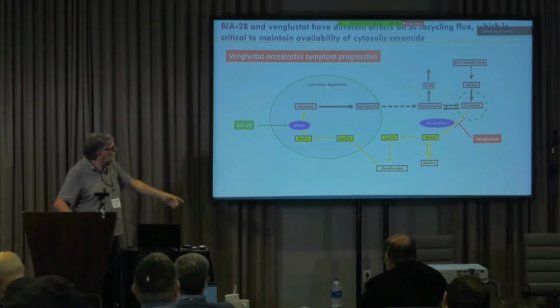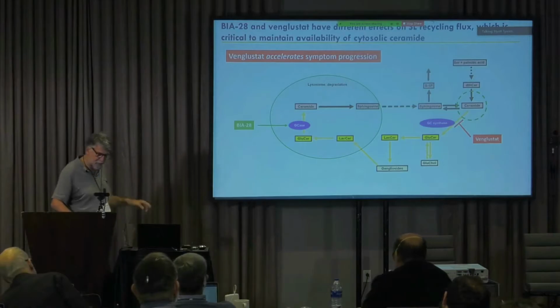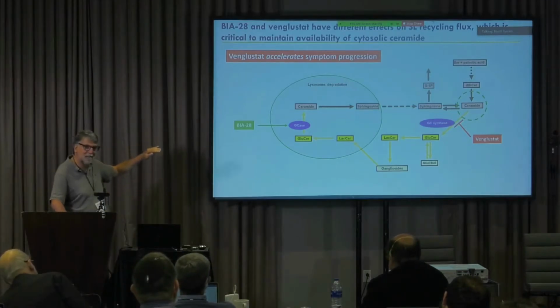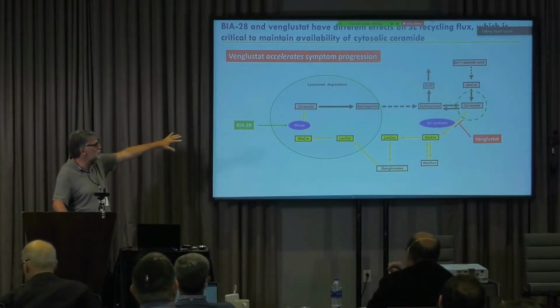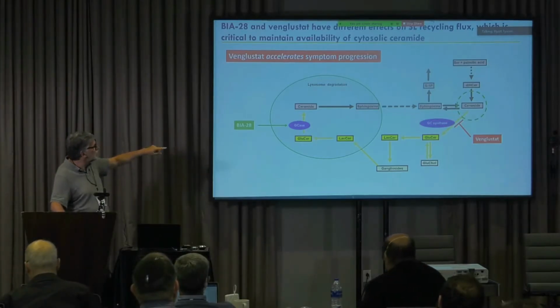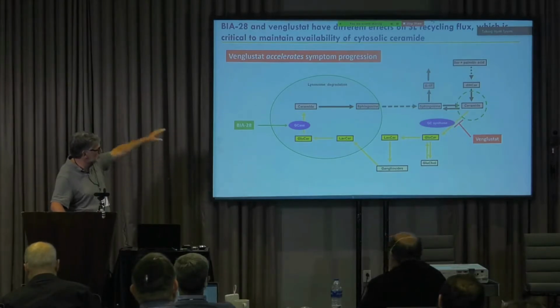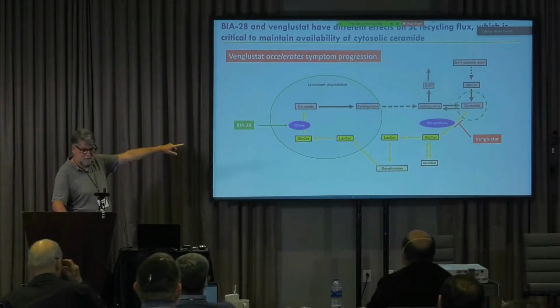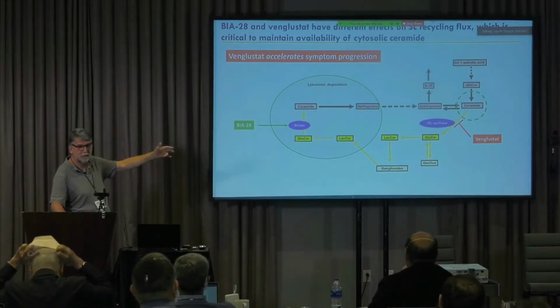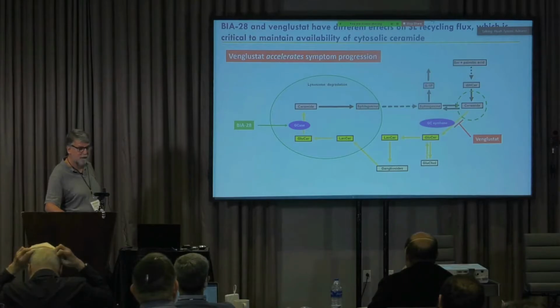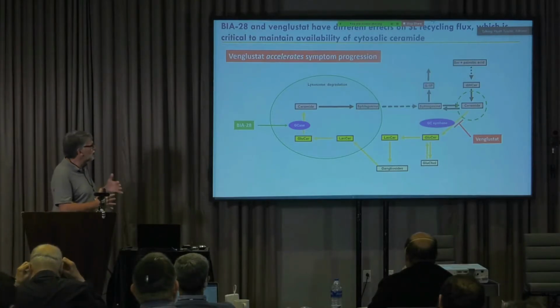And so we thought that rather than the enzyme reaction itself, it's the system. You need to keep the system healthy, and you need to keep generating ceramide. And so in this model, our drug should have a good effect on increasing flux through the system. The Sanofi drug should have a terrible effect, which is to decrease flux through the system. And in fact, as I told you, it very clearly accelerates disease progression. So this was one level of complexity.